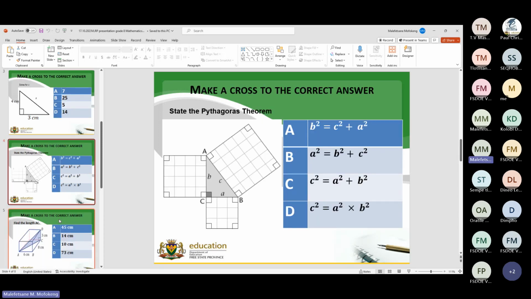Make a cross on the correct answer. In the same way, you have to state the Pythagoras theorem. If you look at the 4 possible answers and at the figure, you can state the Pythagoras theorem. I'll give you a minute to do that because it is now the second lesson in our topic, Pythagoras theorem.